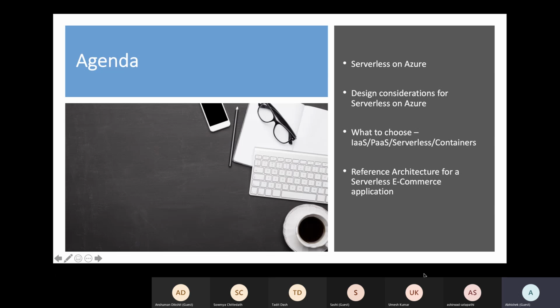Another important point is definitely a part of the design considerations, but again, I just wanted to highlight it as a separate pointer because it's a very important thing. We have so many things in cloud-based technologies today, right? We can build our application and host it on infrastructure as a service, platform as a service. We can do it on containers. We can do it on serverless. But when to do what?